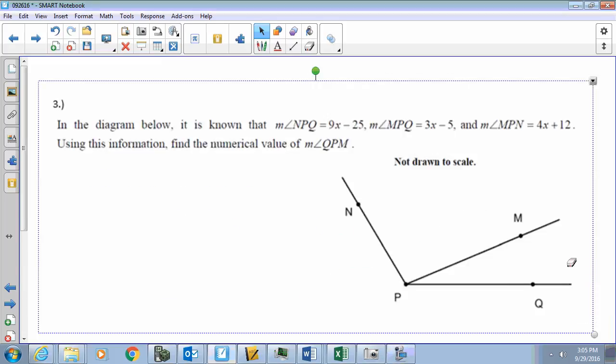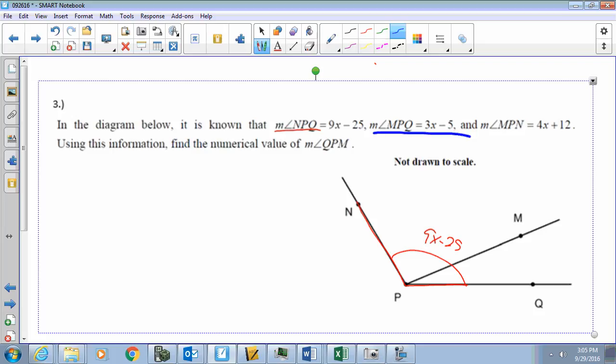Okay, looking at number 3. It says that NPQ, which is the entire angle, is 9x minus 25. So this entire thing is 9x minus 25. And then now they give you the two smaller angles. So they say NPQ. So NPQ is going to be just this one.